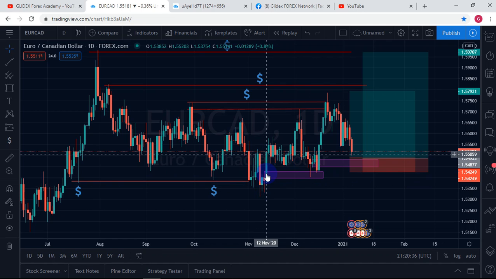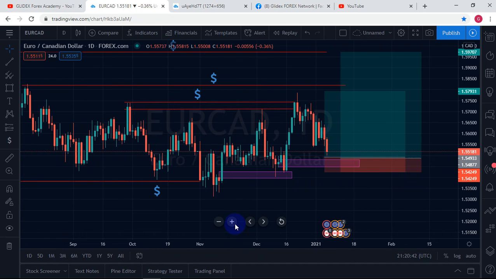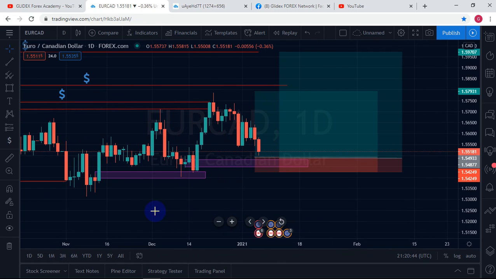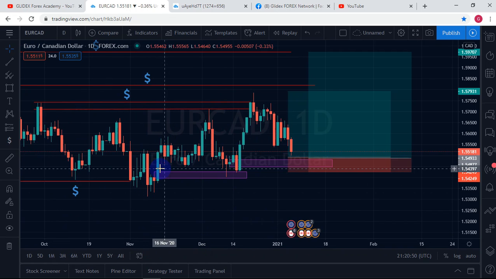Now this is an imbalance created. Let me zoom so you can see. Now this candlestick is an institutional candle, after it has taken liquidity.